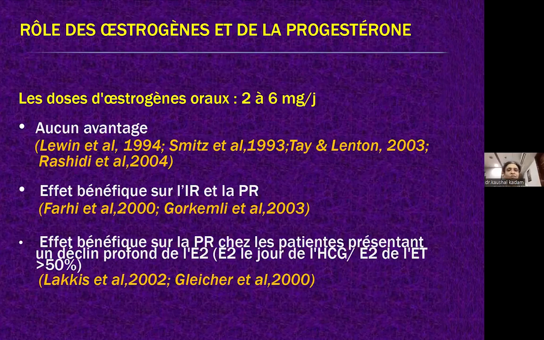Some said that there is a beneficial effect. Lakis et al. in 2002 and Glacier both said that there was a beneficial effect on the pregnancy rate in patients with profound E2 decline, where E2 on the day of HCG or on the day of ET was more than 50%.